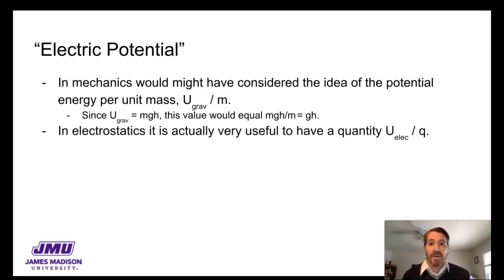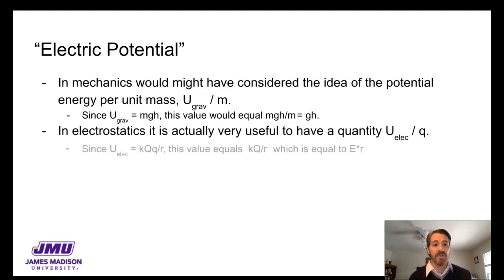In electrostatics, though, this idea of the potential energy divided by the charge is actually very useful. Since the electric potential energy between two charges is k times q1 q2 divided by the distance between them, if you take that and divide it by one of the charges, you wind up with the value kq over r.